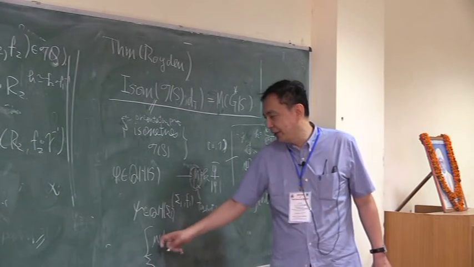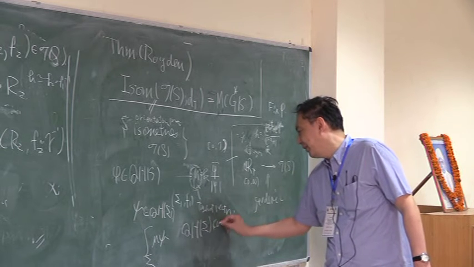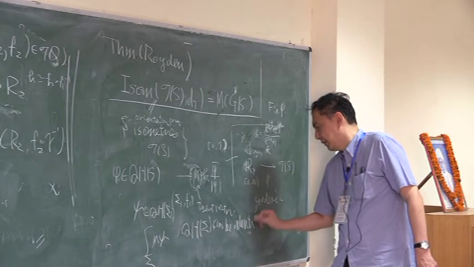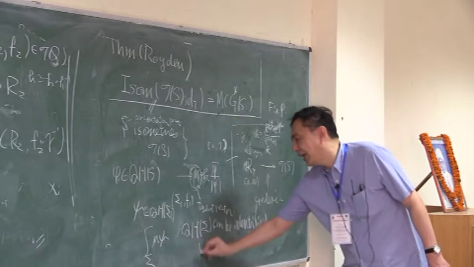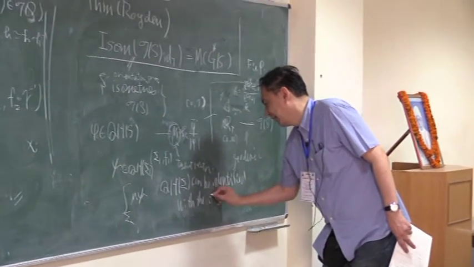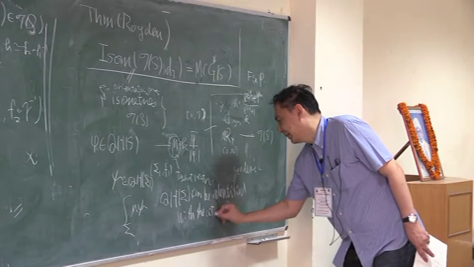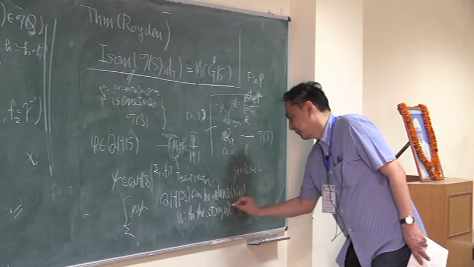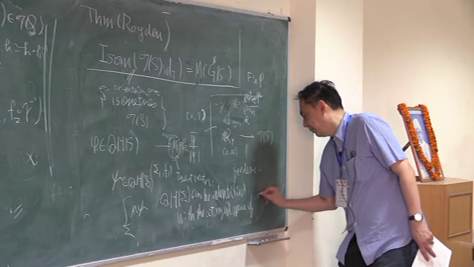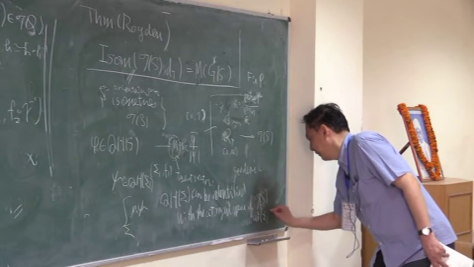That shows that this space can be identified with the cotangent space, because I fixed the point sigma, of Teichmüller space at sigma.